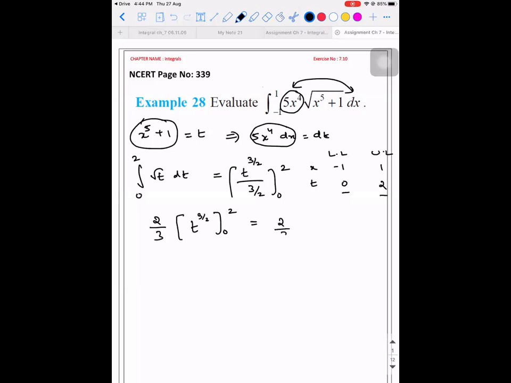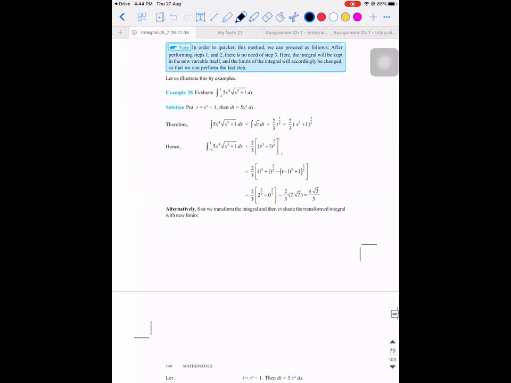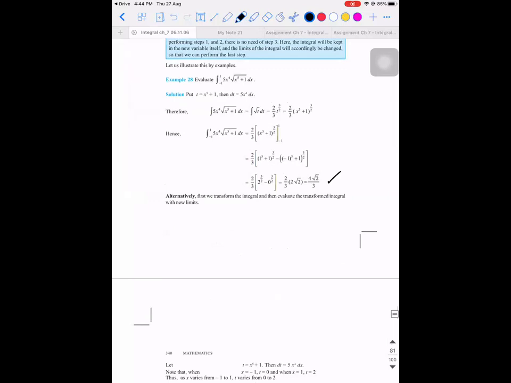Now substitute the limits. 2 by 3 into 2 power 3 by 2 minus 0. So 2 power 3 by 2 is 8 power half. 2 cube is 8. 8 power half is 2 root 2. So 2 root 2 means you will have 4 root 2 divided by 3. This is an example problem, right? 1 minute. So 4 root 2 divided by 3.